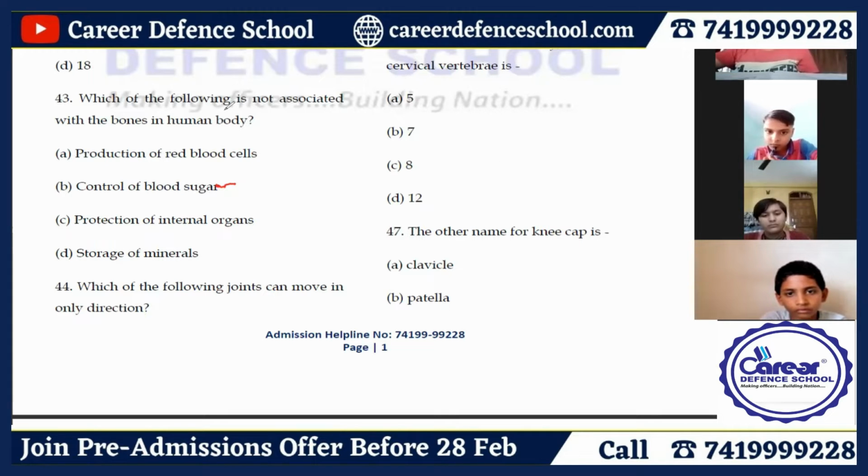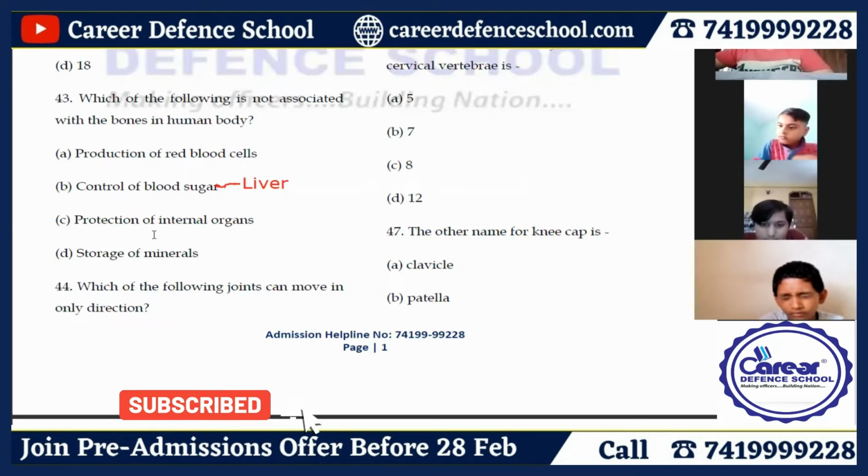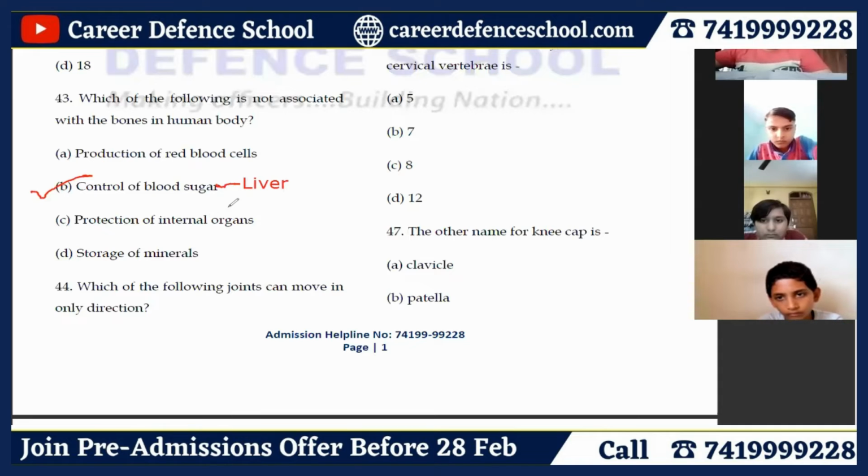So its answer is B, because control of blood sugar is performed by the liver. So it is not the function of our bone. Everyone mark it, because the liver has this function to control our blood sugar, not the bones.